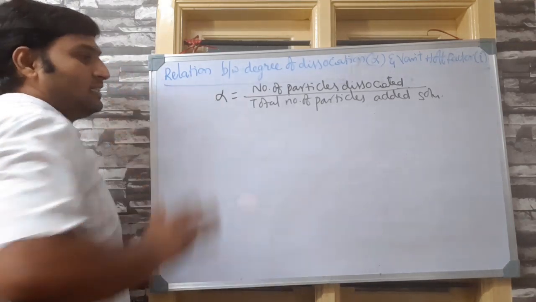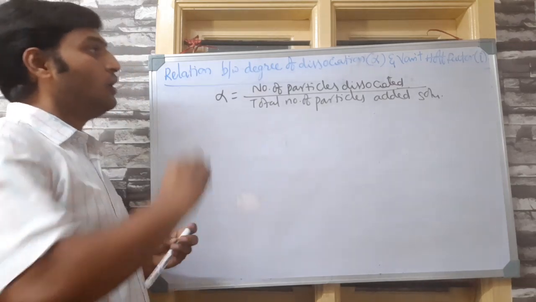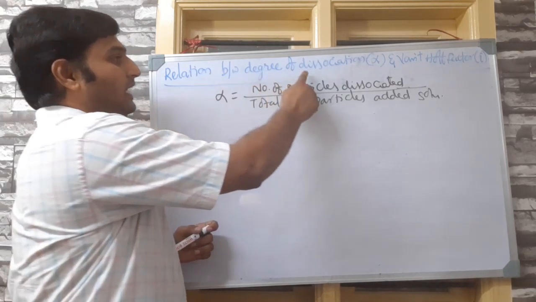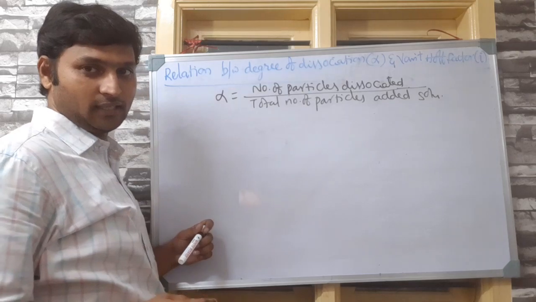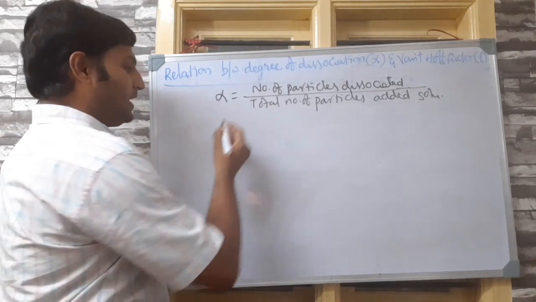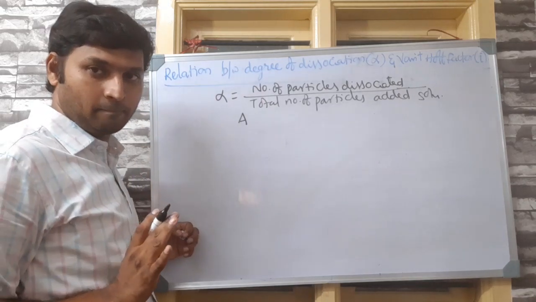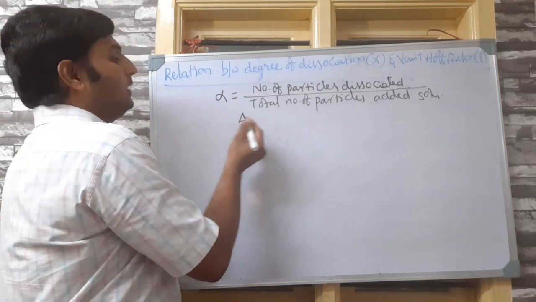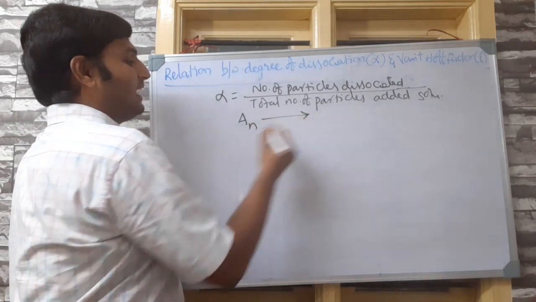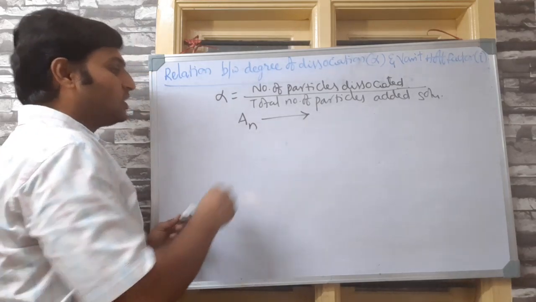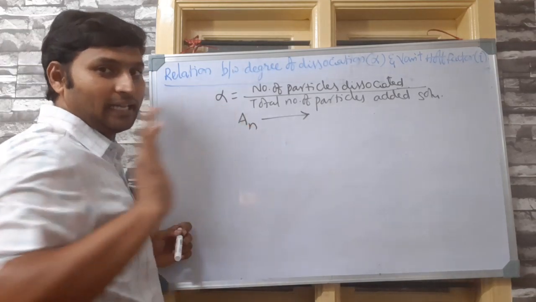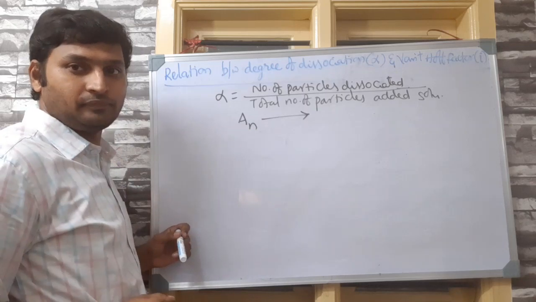However, this is alpha, right? Now, we are trying to derive a relation between degree of dissociation alpha and Van't Hoff factor. For that, let me assume that there is an electrolyte A. Simply I am just taking it as A. And A was existing as A_n, meaning in each molecule of A there are n particles, just for example.